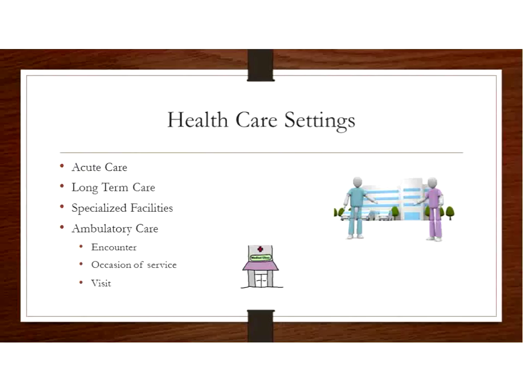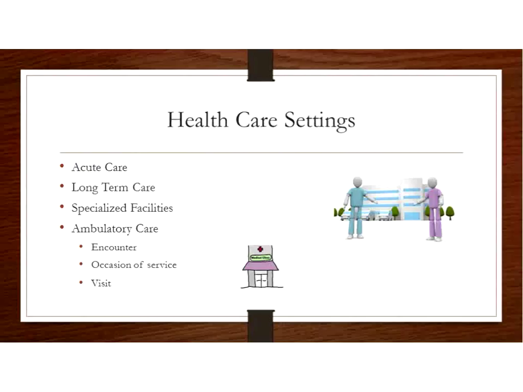When we're looking at an encounter, that's nothing other than that direct professional personal contact between a physician and a patient. It doesn't include ancillary services like your labs and other things, but it's just that actual interaction between the healthcare provider or physician and that patient when they're actually treating that patient. Okay, that's what we mean when we say encounter.